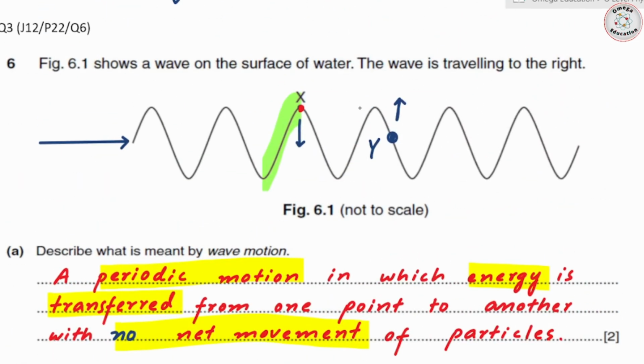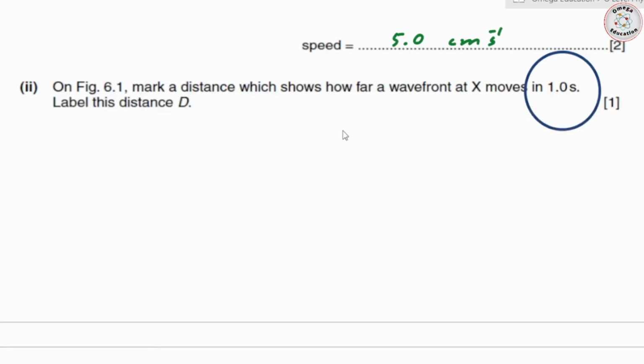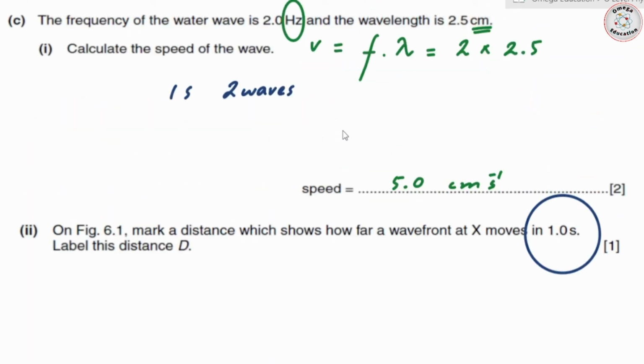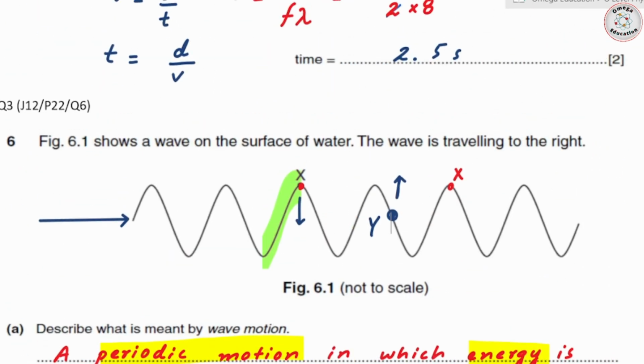So your particle x, this one would be the first cycle, and it would move 2 cycles forward. So your particle x would now be at this position over here. And what do we need to mark it with? Label this distance d. Okay, so we have to label the distance.